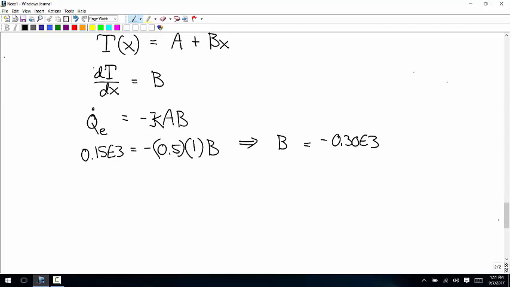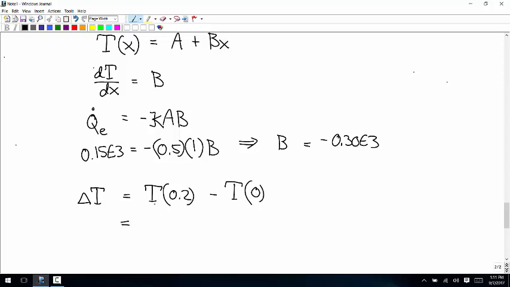And now for the wall thickness, delta x, for the temperature difference across the wall, we're going to take the temperature at 0.2 minus the temperature at 0.